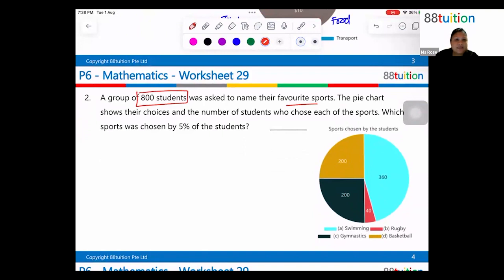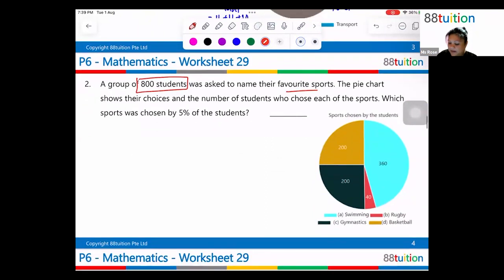So we have to understand the pie chart. Okay, so you have this. This is known as the key, or some will call it the legend.